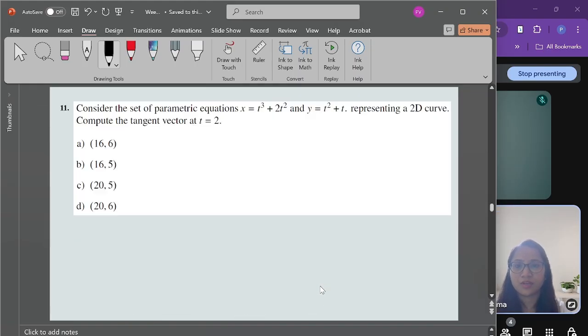So the next question is: consider a set of parametric equations, x is equal to t cube plus 2t square and y is equal to t square plus t, representing a 2D curve. Compute the tangent vector at t is equal to 2. So can you let me know how we can calculate this?